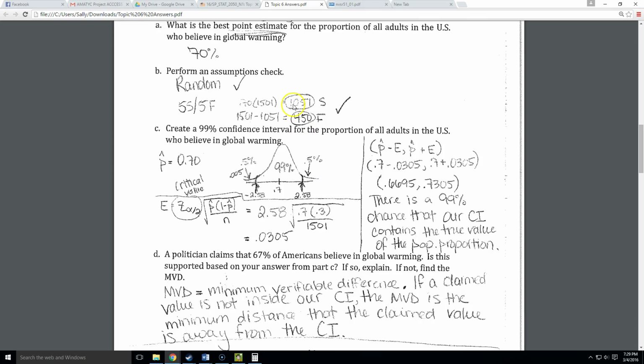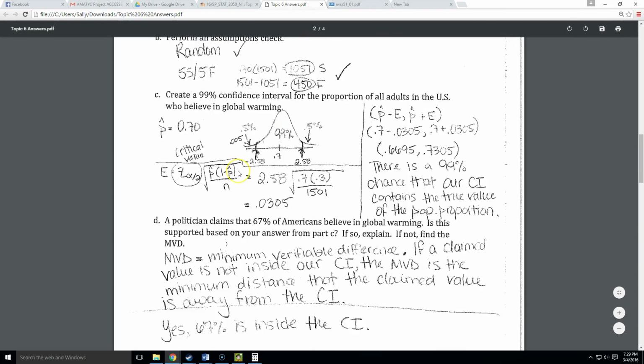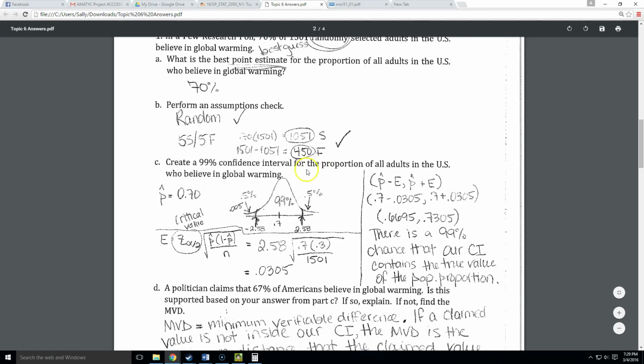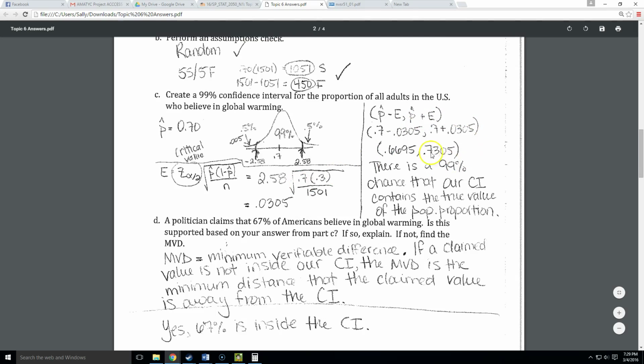So besides our new formula for the confidence interval for a proportion, we actually have one new concept. That concept is the MVD, which is the minimum verifiable difference. If a claimed value is not inside of the confidence interval, so basically if someone says, hey, I think that 80% believe in global warming, well, 80% isn't inside of our confidence interval.